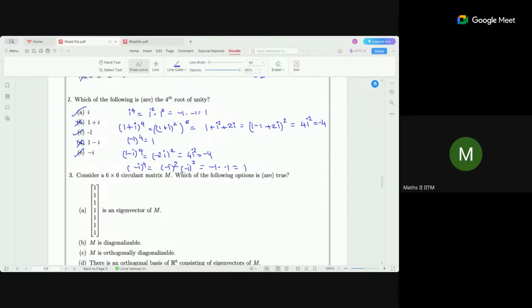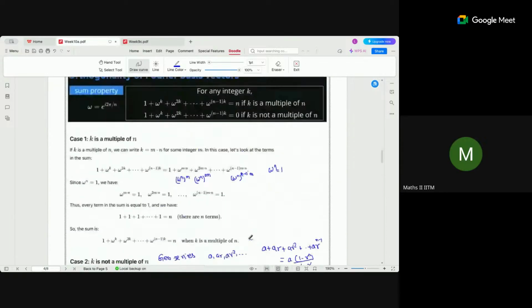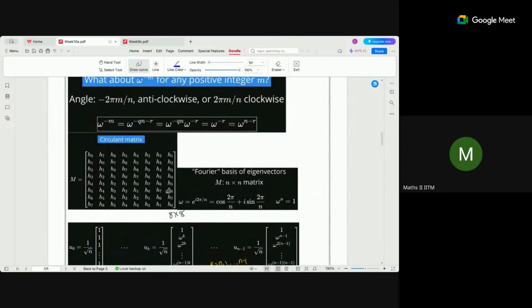It is an eigenvector corresponding to the row sum, because for a circulant matrix, each row sum is the same. So in this case, it is h0 plus h1 plus etc. up to h5. So this is your row sum.